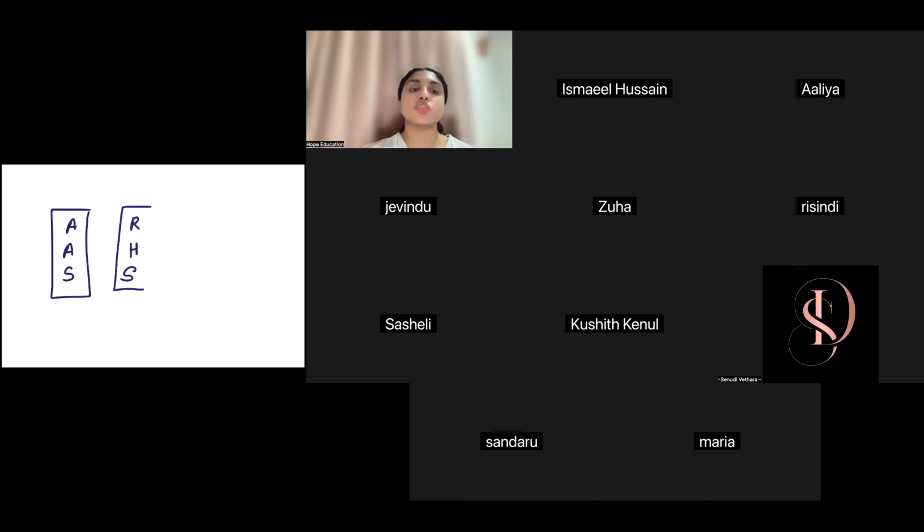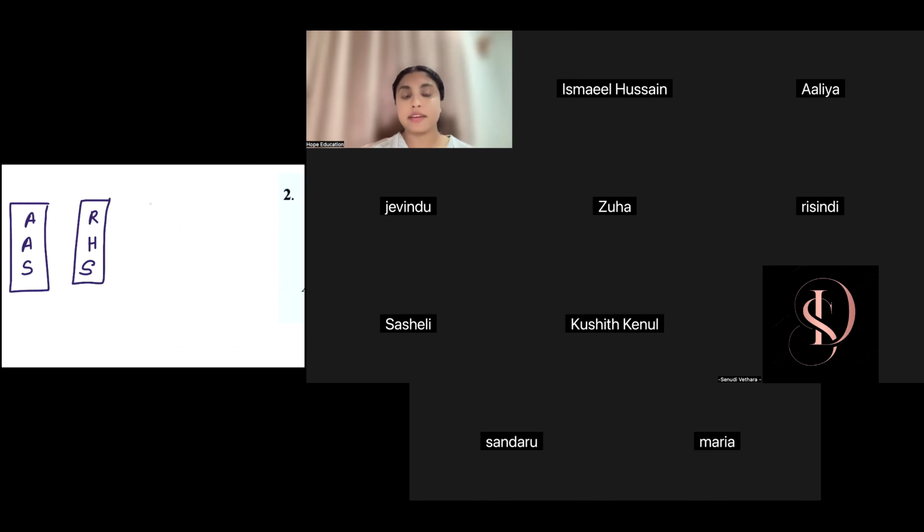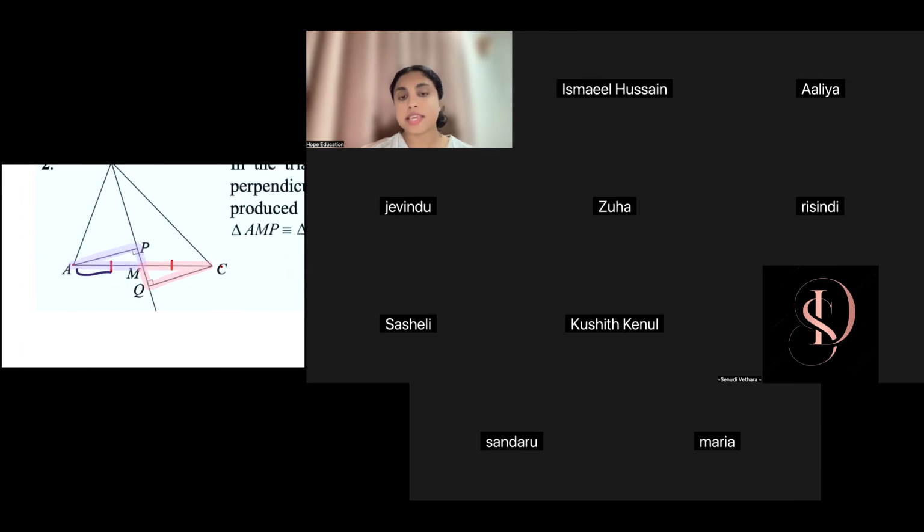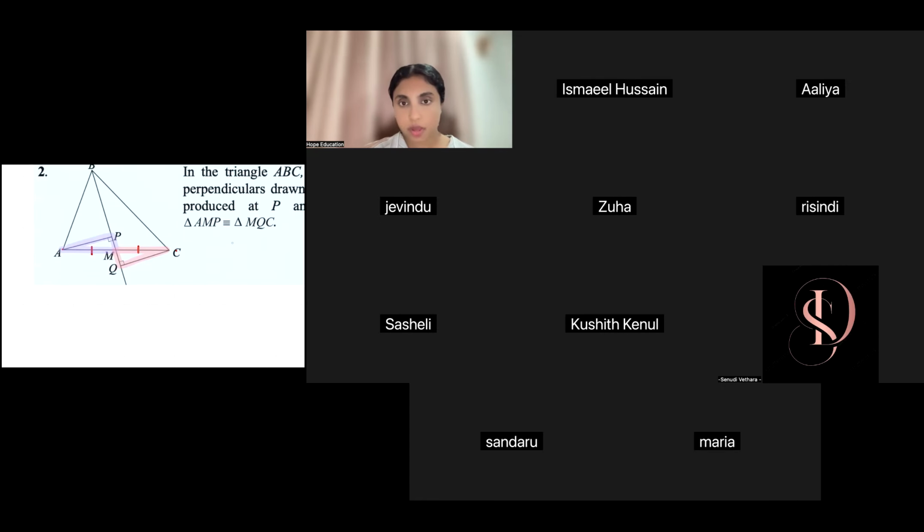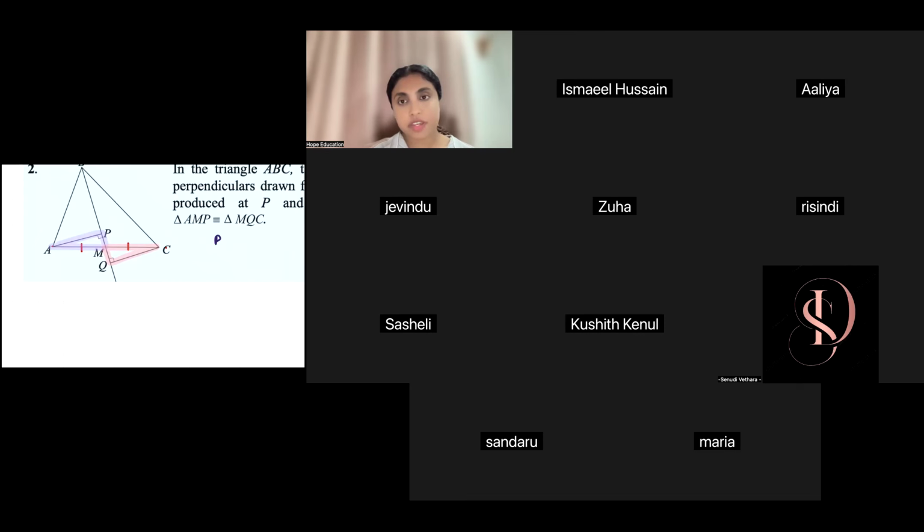Keeping that in mind, let's look at our diagram. Clearly, we have a side. AM is equal to MC, which is a side and also the hypotenuse. We have the hypotenuse. Let's see whether we can use RHS or should we use AAS.